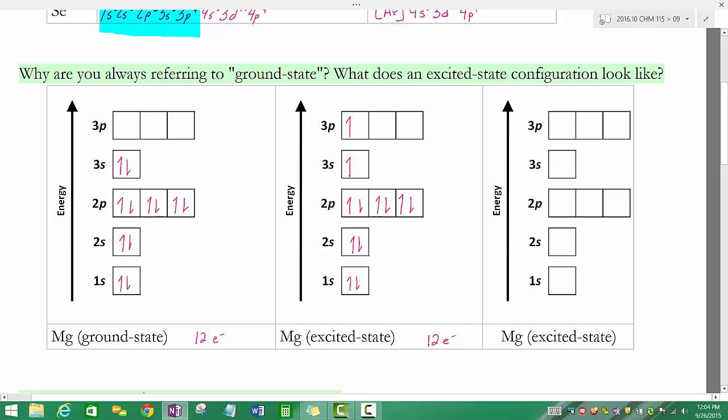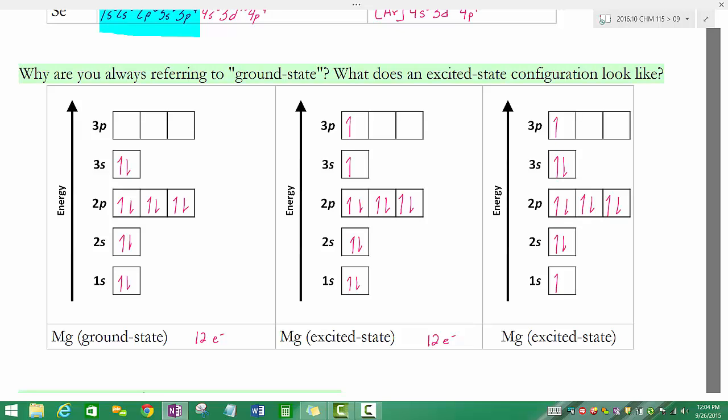It's still magnesium, but it's magnesium that is capable of emitting light because it has excess energy. This would be another example. So again, it's 12 electrons, but arranged not in its lowest energy state.